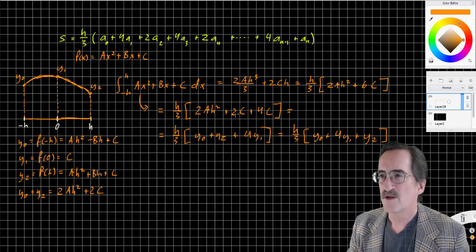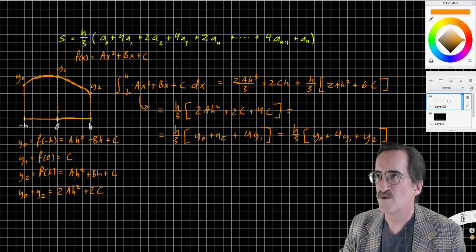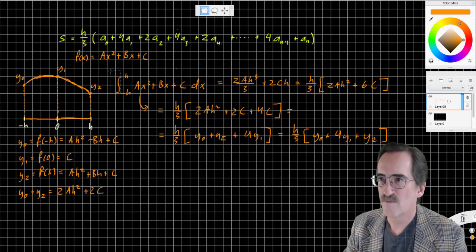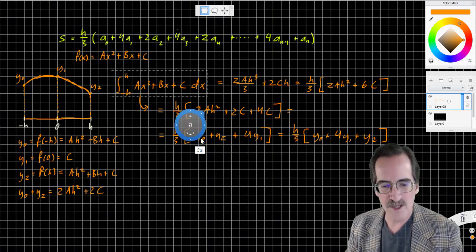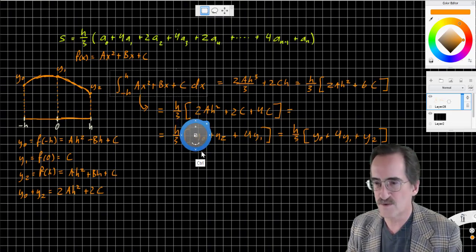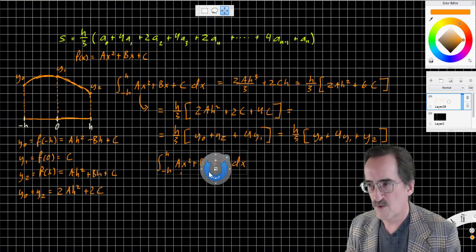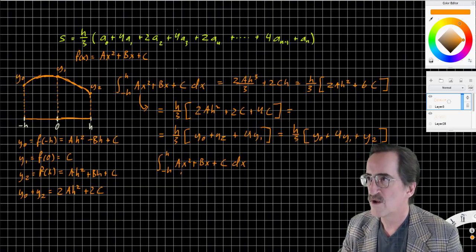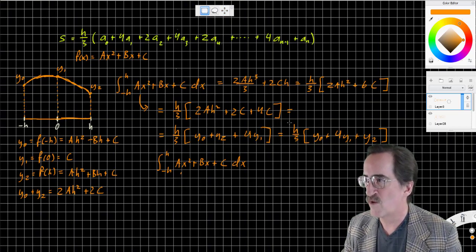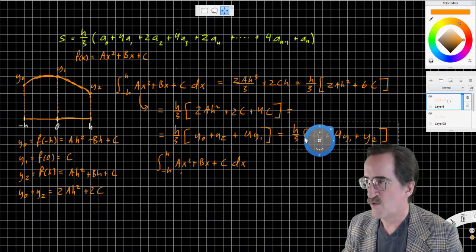So what we've demonstrated is, at least for this case here, that the integral from negative h to h of the quadratic that fits those 3 points is h over 3 times the quantity y0 plus 4y1 plus y2.